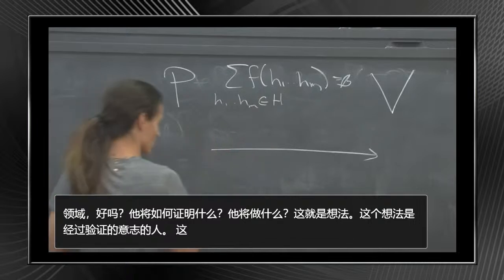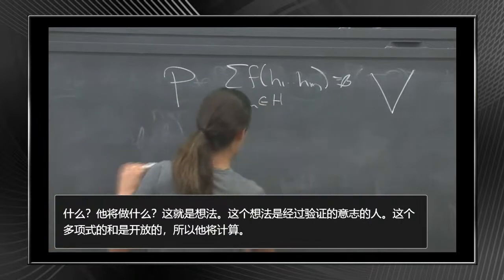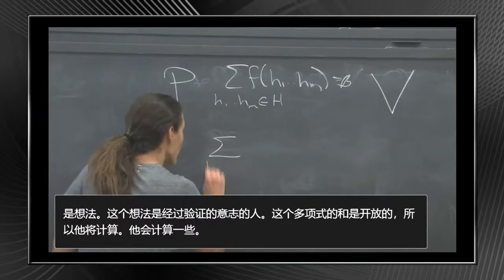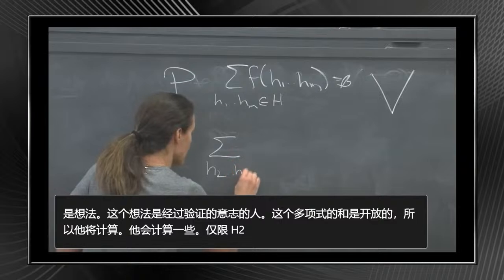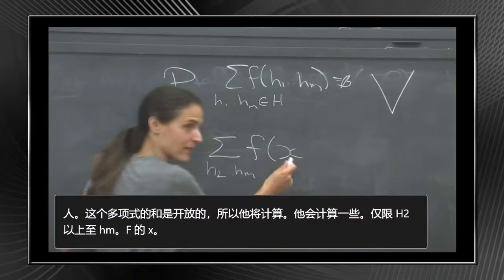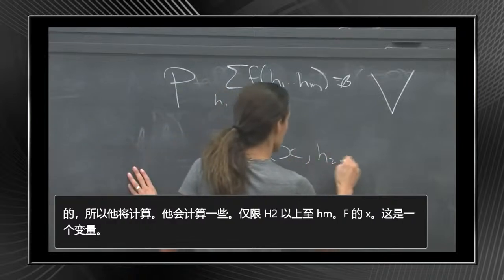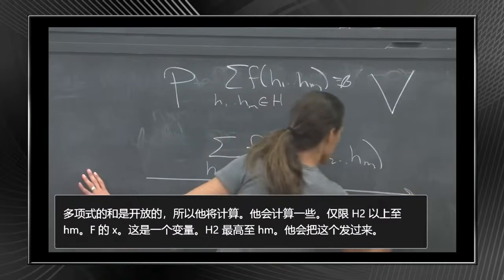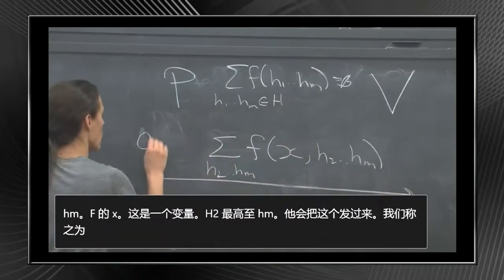He will compute the sum only over h2 up to hn of f of x, h2 up to hn, where x is a variable, and he will send this over. Let's call this g1 of x.